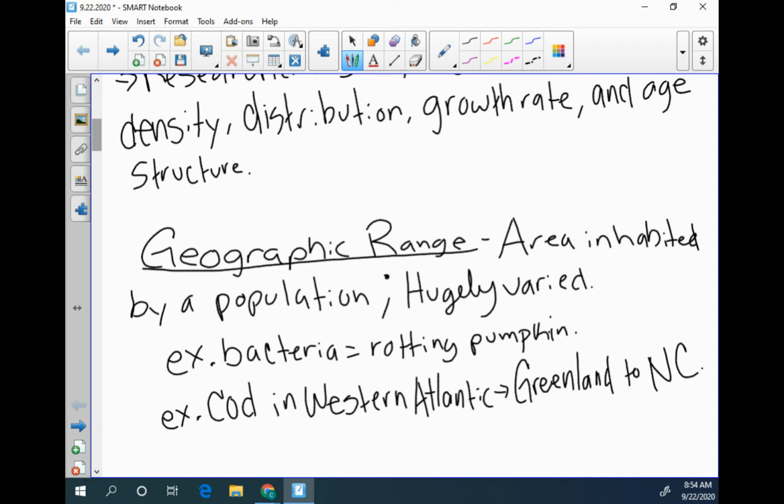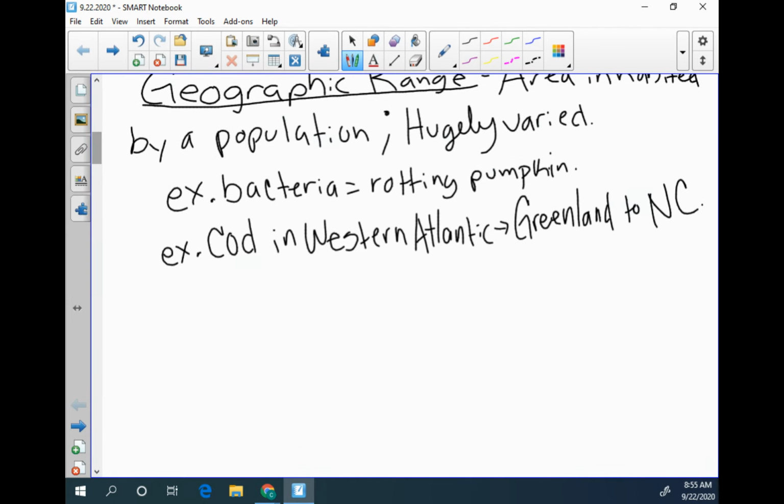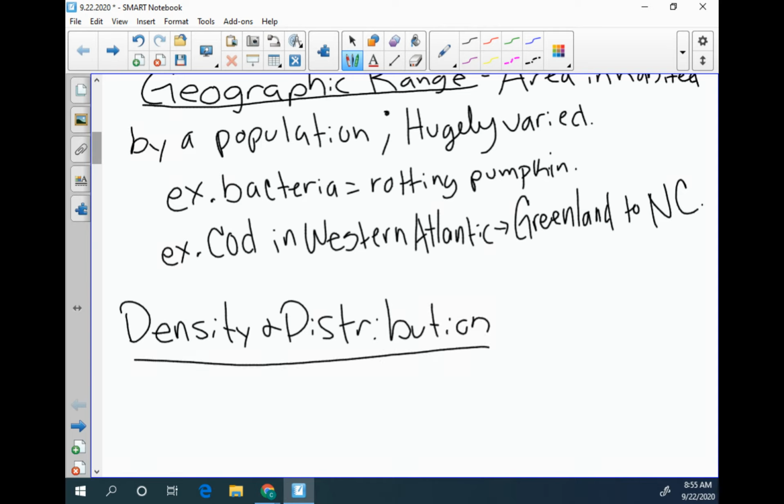Get this down. Another way scientists or ecologists or even anthropologists can describe populations is through density and distribution. So, how tightly packed a population is and where those certain packs are.